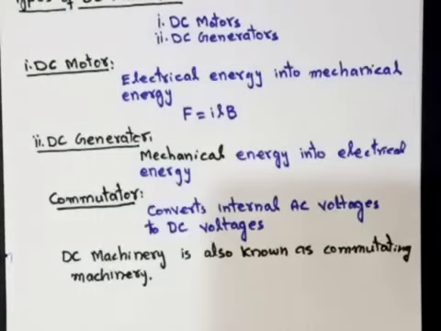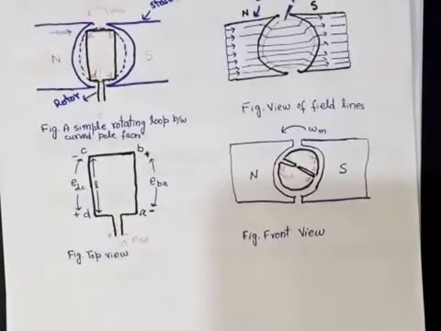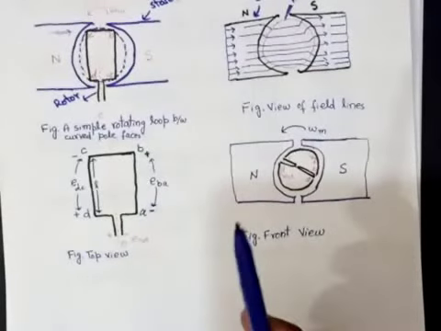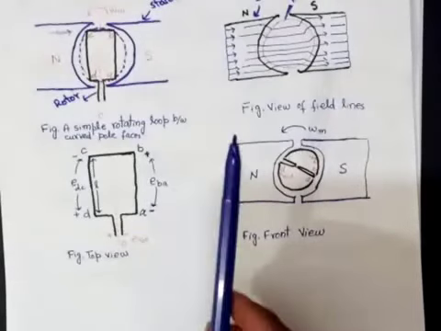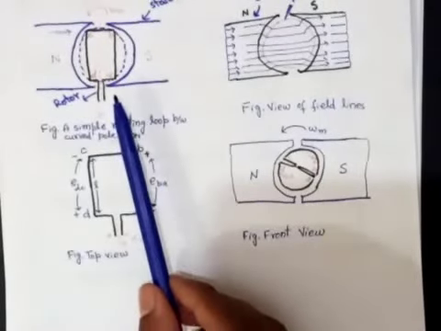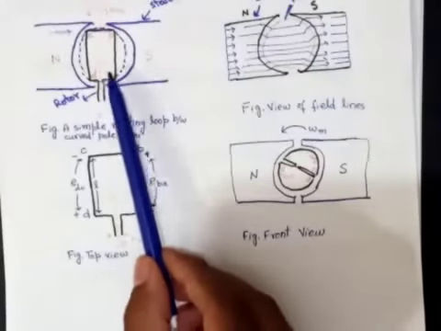The next topic is a simple rotating loop between curved pole faces. The simplest possible rotating DC machine is shown in this figure. In the figure is shown a single turn rectangular copper coil ABCD rotating about its own axis.